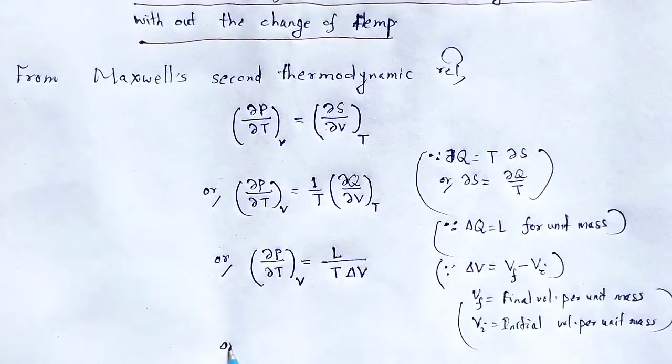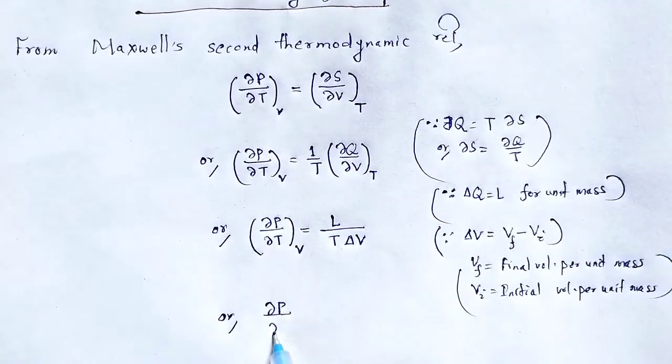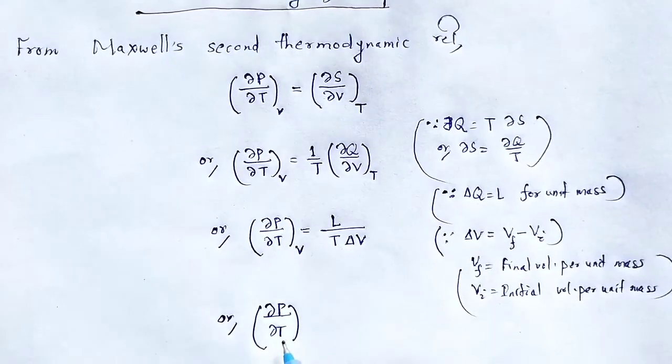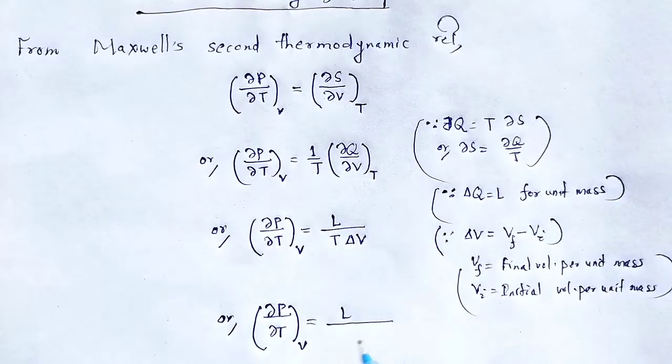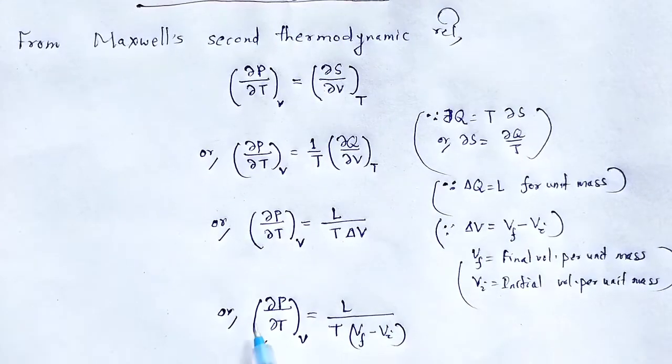Now, that equation is written like this: del P by del T at constant volume is equal to L divided by T times Vf minus Vi.